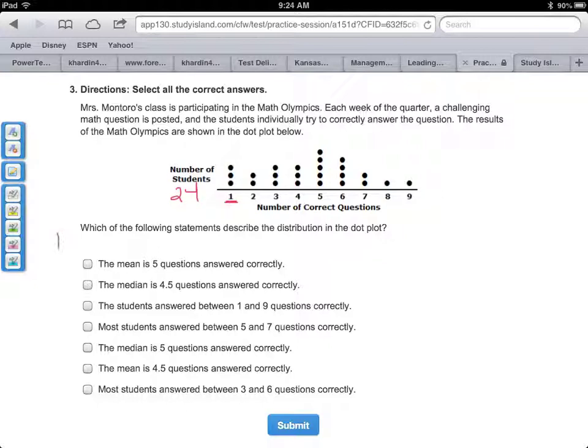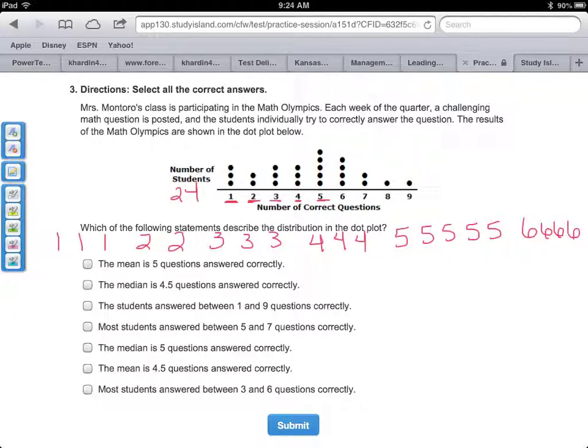So if we were going to write this all out like we do to find mean, median, and mode, we're going to have to write each one out individually. 2 students got 2 questions right, so that's 2 groups of 2. 3 children got 3 questions right, so there's 3 students and they each got 3 questions. 3 of them got 4, so that's 4 3 times. 5 got 5, so we have to write 5 5 times. 4 of them got 6, so you'd write 6 4 times.